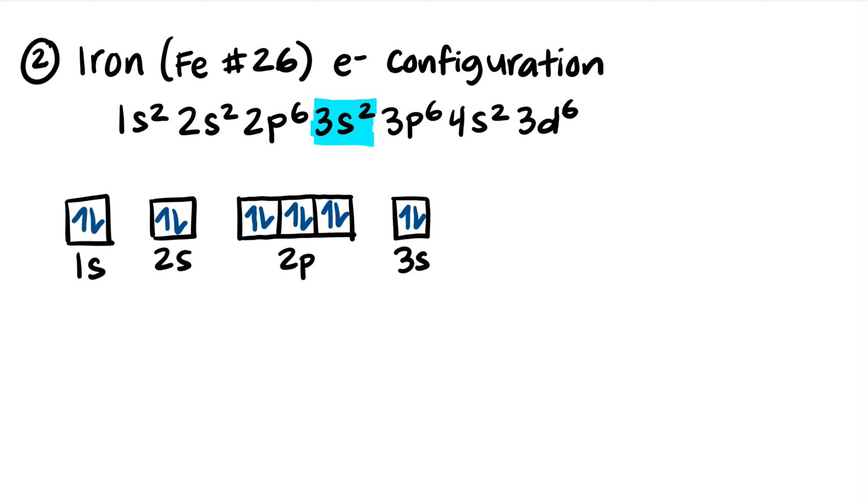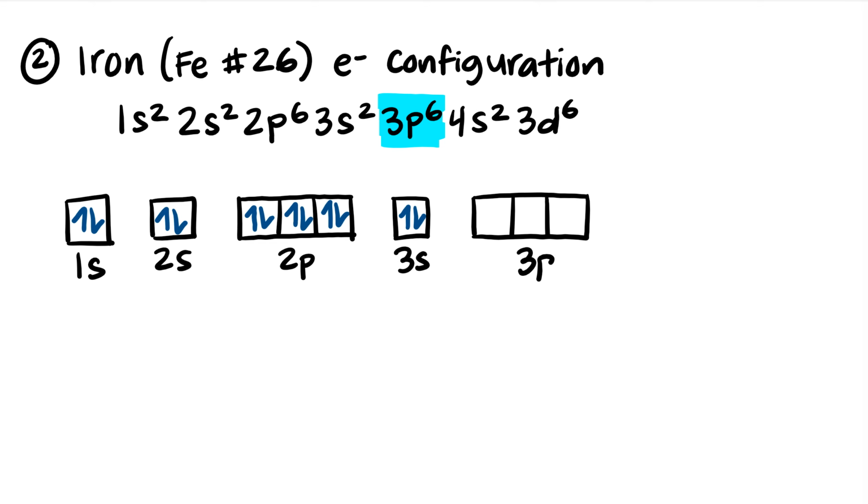Moving on to the next sublevel, we have 3p. P is represented with 3 connected boxes. Label that 3p. And now looking at the exponent, there are 6 electrons total in the 3p sublevel.